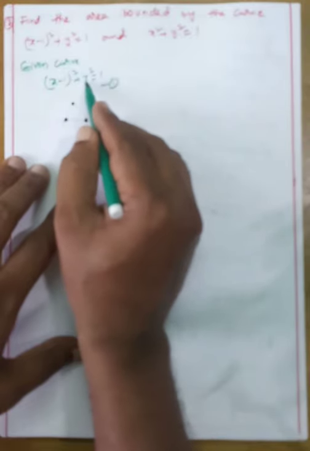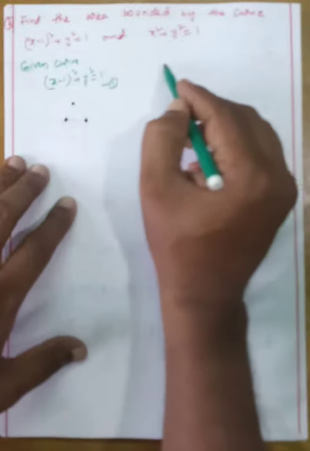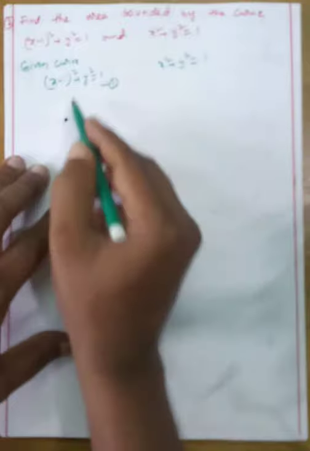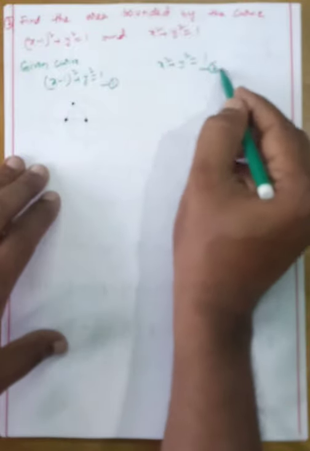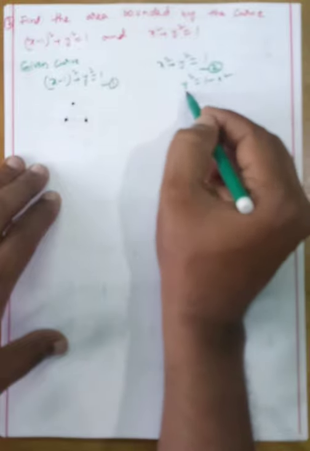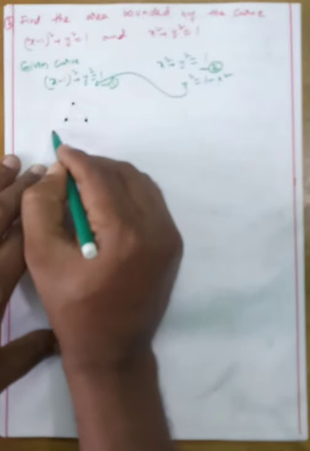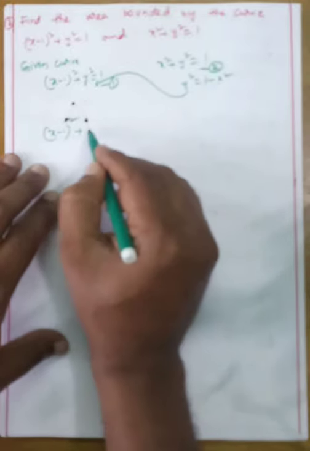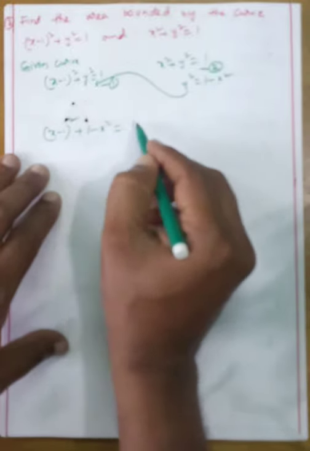From here, y square equal to 1 minus (x minus 1) whole square, y equal to root of that. Here x square plus y square is equal to 1. From here y square equal to 1 minus x square. Substitute this in equation number 1. Now (x minus 1) whole square plus y square, that is 1 minus x square, is equal to 1. 1, 1 cancel.